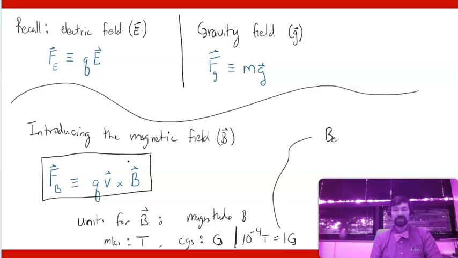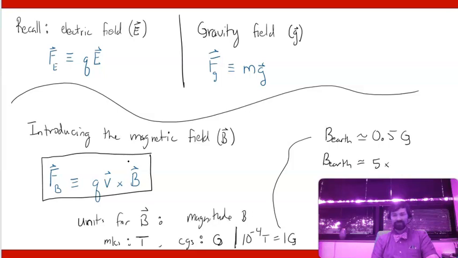Because the Earth's magnetic field, for example, is about 0.5 Gauss. It varies from maybe a little over 0.4 to a little under 0.6 Gauss, depending upon where on the Earth's surface you are. This also means that the magnetic field strength from the Earth is about 5 times 10 to the minus 5 Tesla.